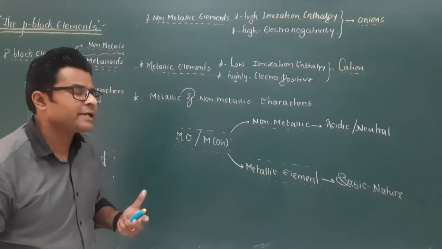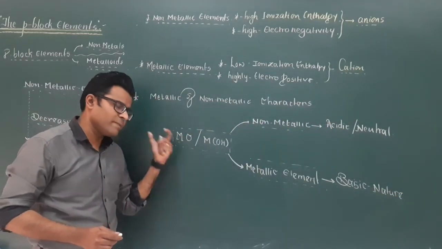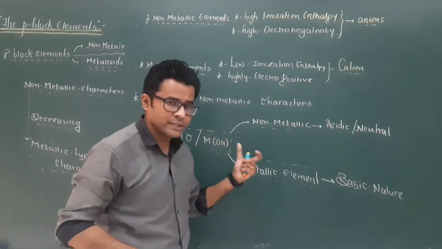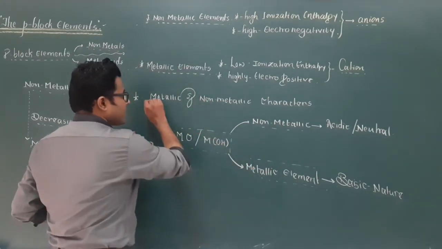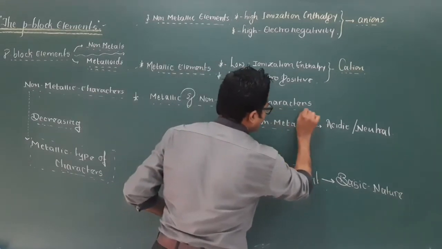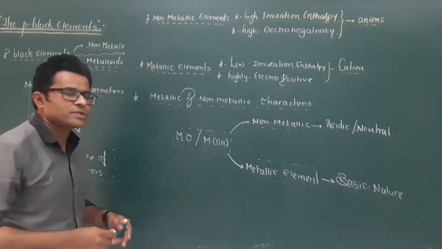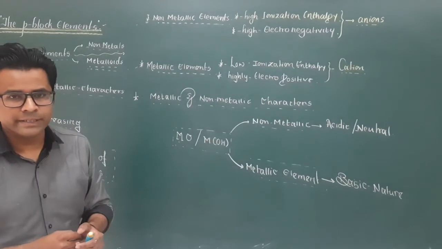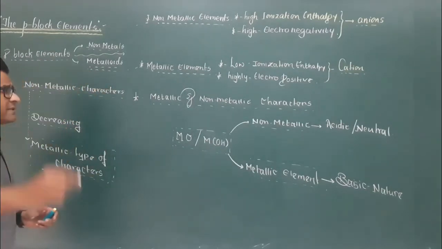So it is best illustrated by taking into consideration metal oxides or metal hydroxides. This was how we predict the metallic and non-metallic characters using oxides and hydroxides. Okay, so let's observe the next one.